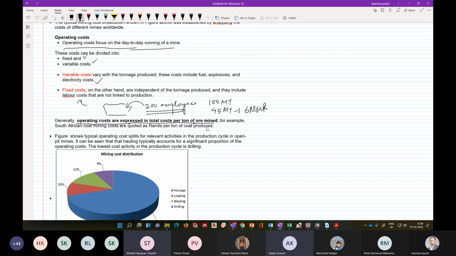So in the mining sector, labor comes under fixed cost. If it is some contractor, that is a different matter, but that is what we were discussing. Fixed labor cost comes under fixed cost.